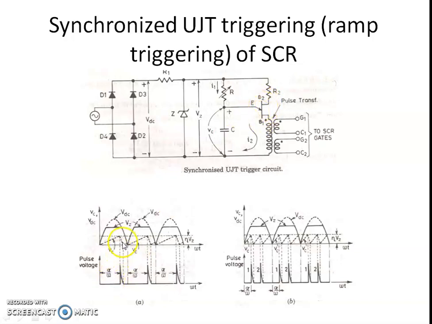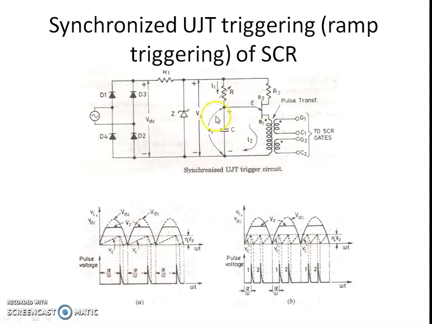When the UJT turns on, the capacitor discharges through the UJT and the primary winding of the pulse transformer. Thus a pulse is induced in the secondary of the pulse transformer. This pulse is given to the gate cathode terminal of the SCR and it is used to turn on our SCR.